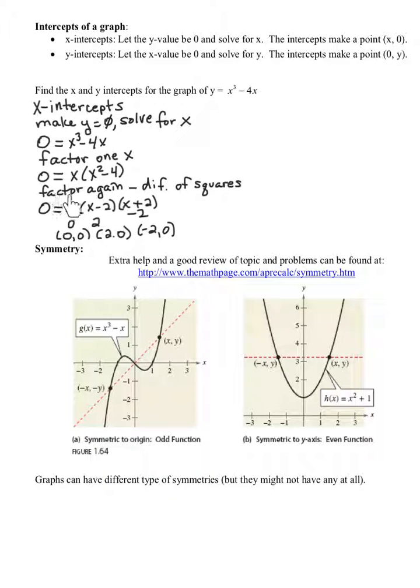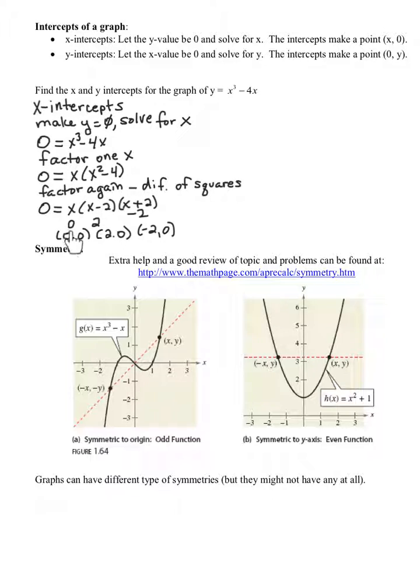At this point, we have to factor again because we end up with a difference of squares. When you have a difference of squares, that factors again. So we have 0 equals x times, parentheses, x minus 2, close parentheses, parentheses, x plus 2, close parentheses. That gives us 3 zeros for our x value.